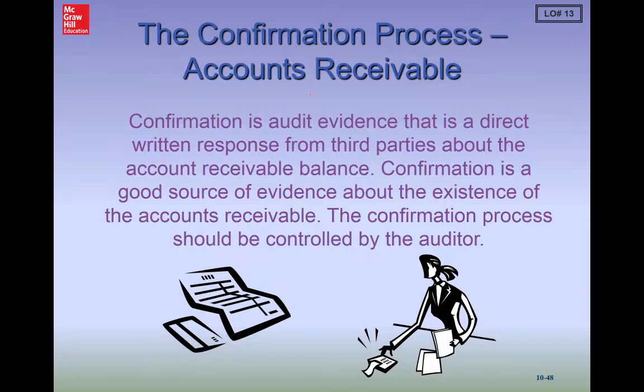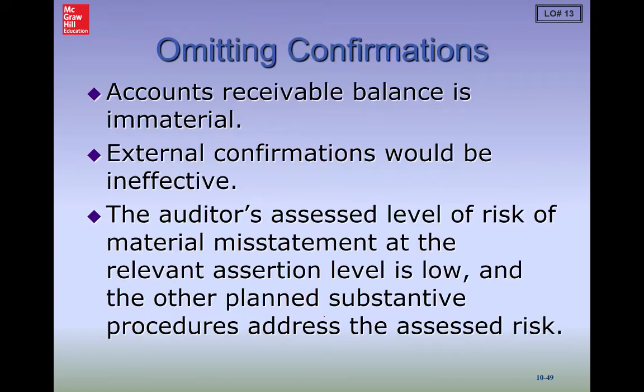So one of the common procedures that we do for AR is confirmations, right? This is where we're actually taking a document, and it's great evidence, because the client prepares the document, but everything should go back to the auditor. The client signs off on it, but the auditor gets the AR balance and makes sure that it is correct.